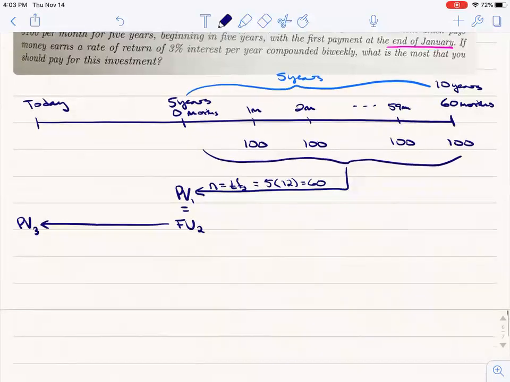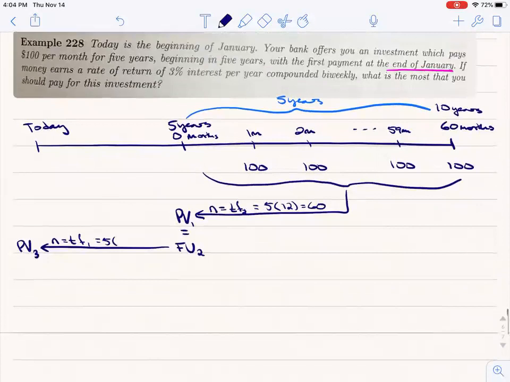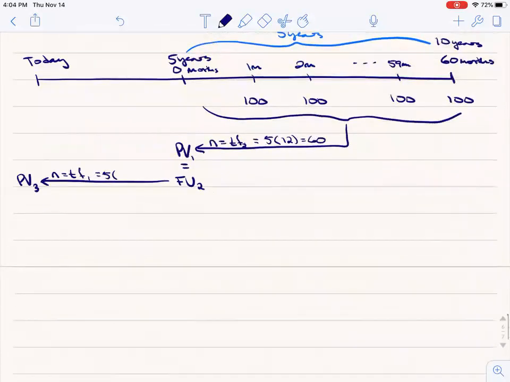And then on the compound interest, N is just the number of compoundings. So N is time times F1, which is also 5 years, but times compounding biweekly, 26, which is 130.